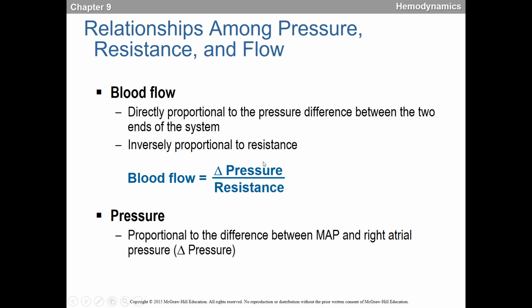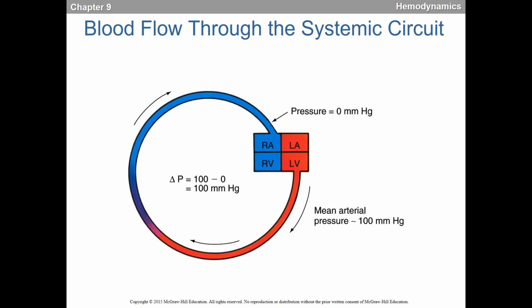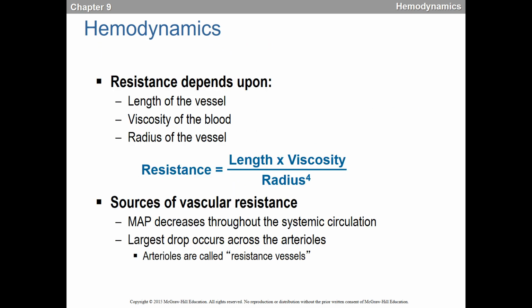So effectively there will be a lower pressure going toward the muscles, and a higher pressure toward the gastrointestinal tract, kidneys, whatever you don't need at that moment in time. That directs the blood flow to where it needs to go. Hopefully this is making sense. Left ventricle pressure goes down all the way until it comes back through the vena cava. And that is just the systemic circuit going on right there.